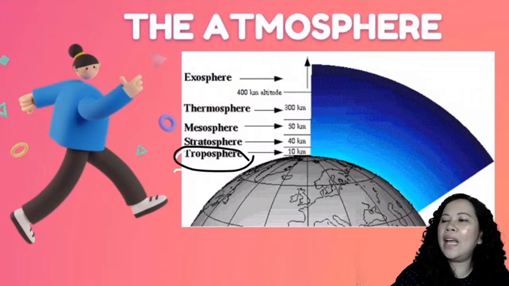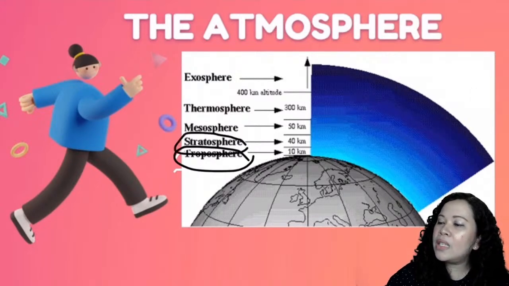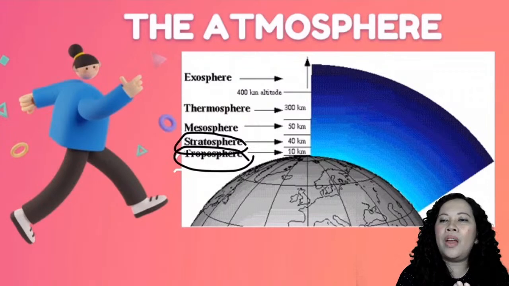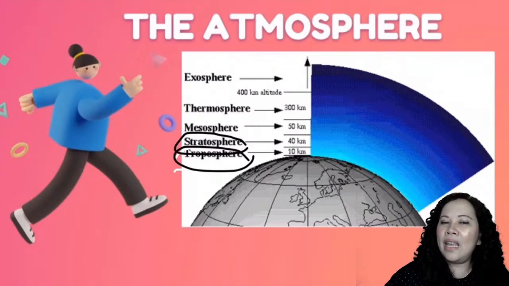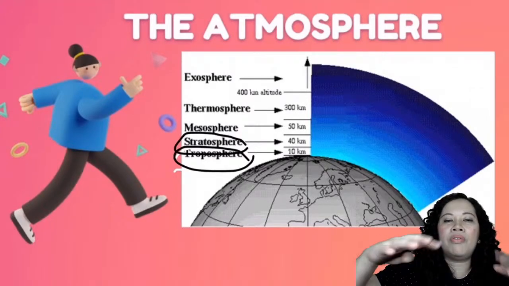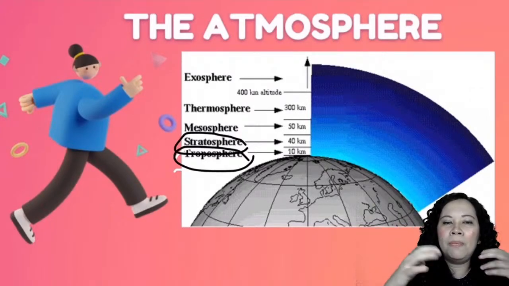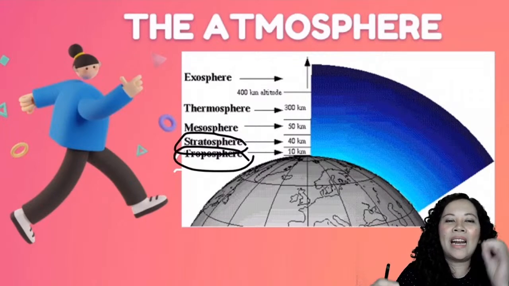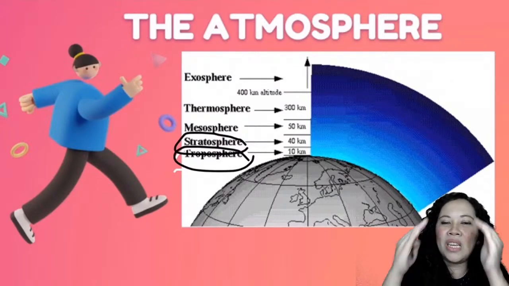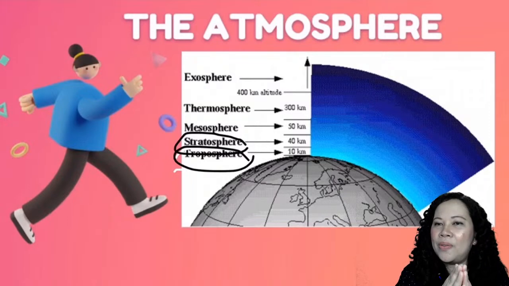Next we have our stratosphere. The stratosphere is the one above our troposphere. Cumulonimbus clouds, or storm clouds, reach up to the stratosphere.